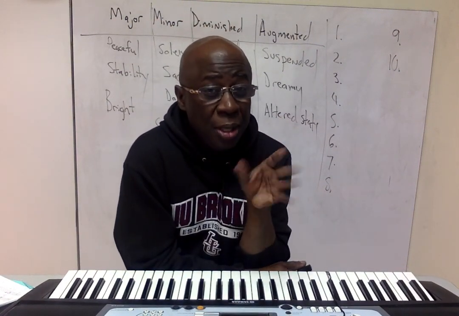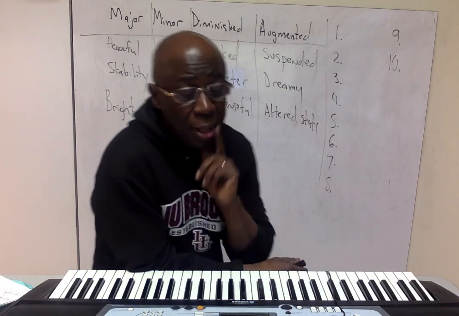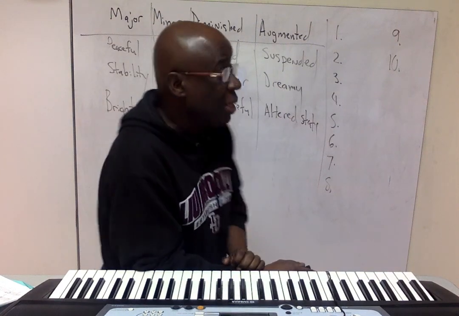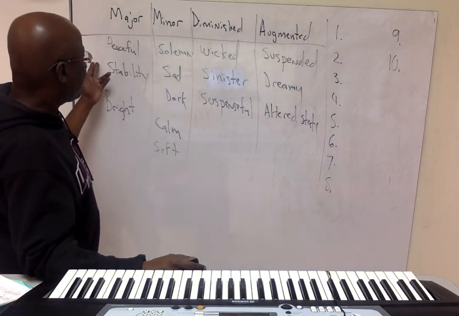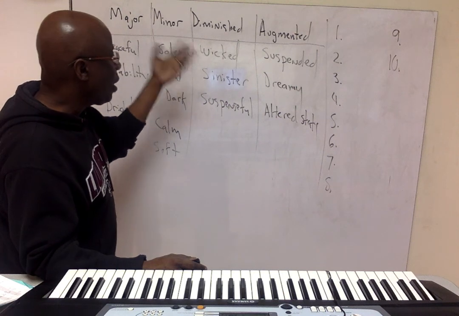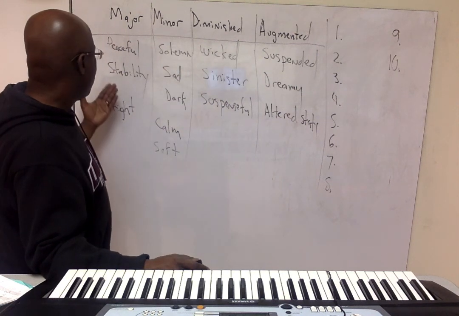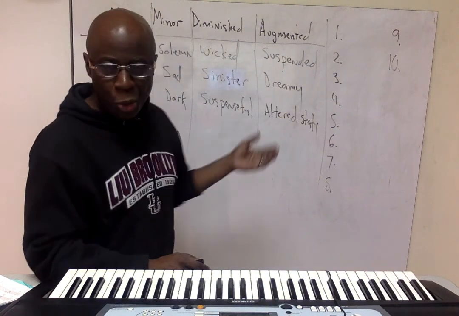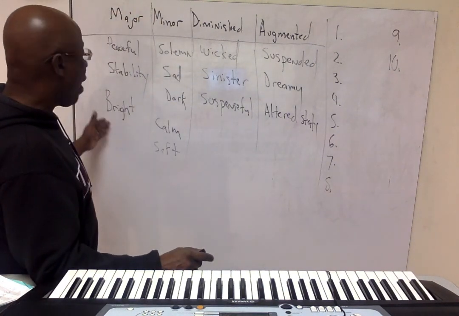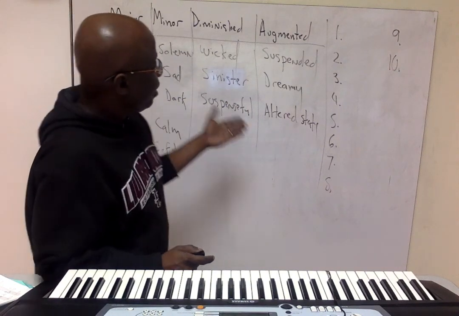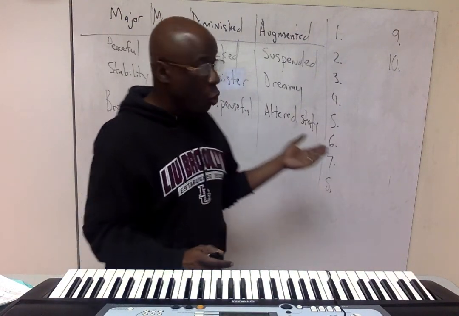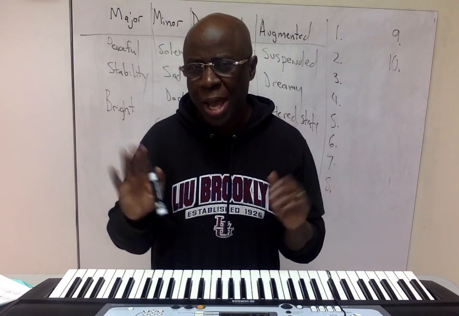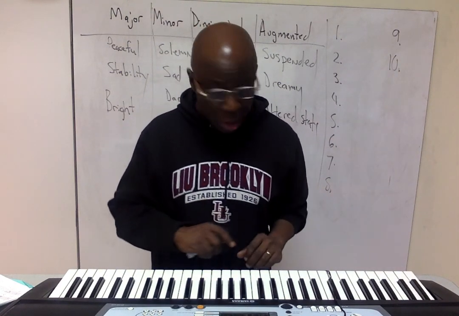You'll need to identify whether the chords I play are major, minor, diminished, or augmented, or whether they sound peaceful, solemn, wicked, suspended, stable, dark, sinister, dreamy, bright, soft, or suspenseful, or like they're creating an altered state. However you want to look at it, that's totally up to you. Okay? So here we go.